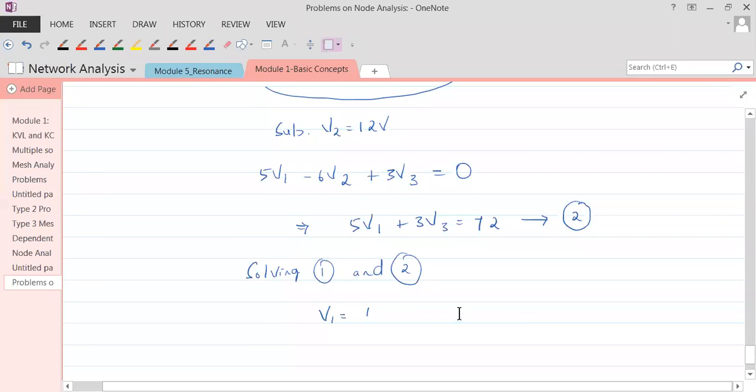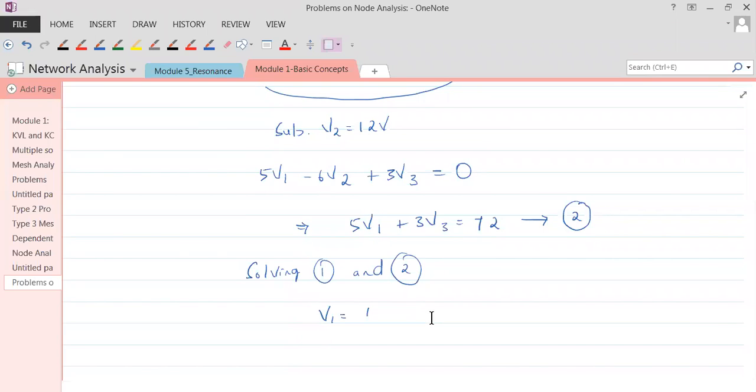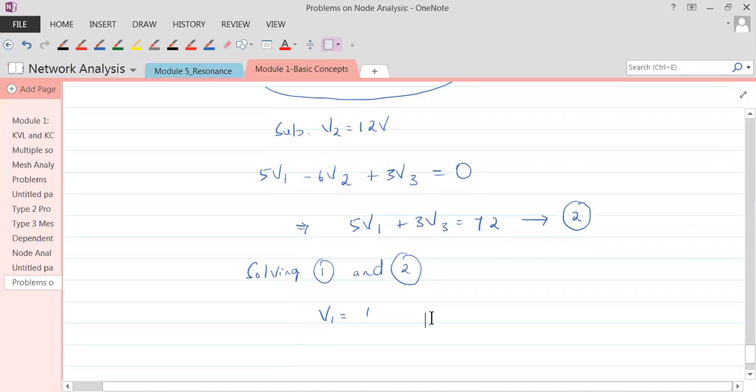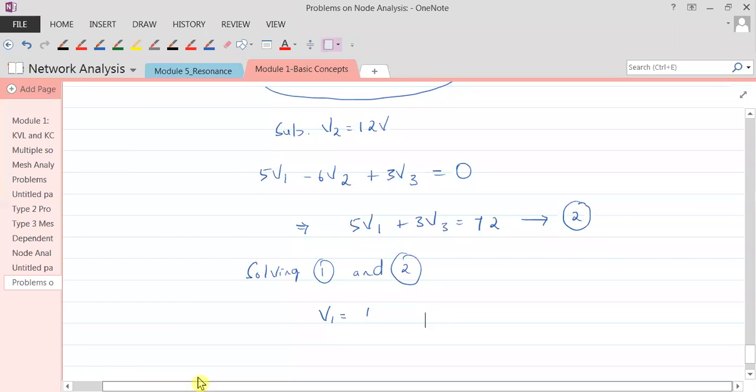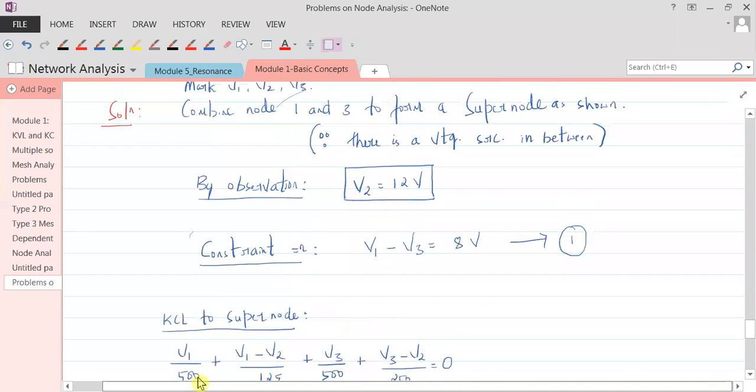Write that, everybody. V1 is 12 and V3 is 4, and they've asked us to find VA. And what is VA, everybody?